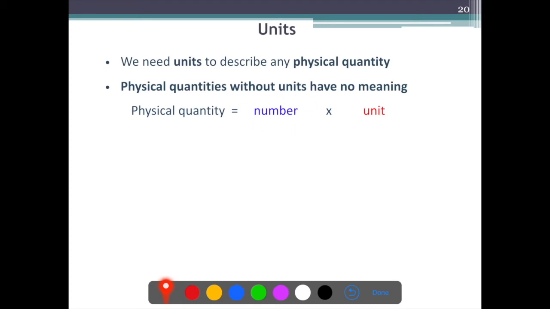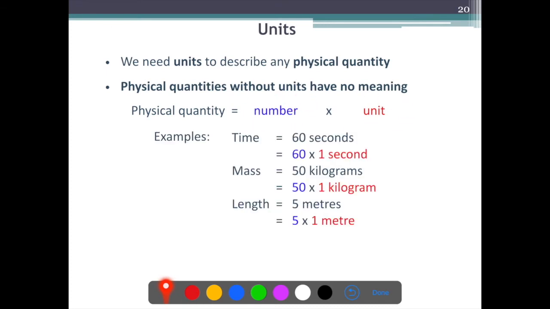So you have the number and the unit that's indicated. For example, time, when we say 60 seconds, that means there are 60 times 1 second in the time of 60 seconds. 50 kilograms means 50 multiplied by 1 kilogram, and so on.